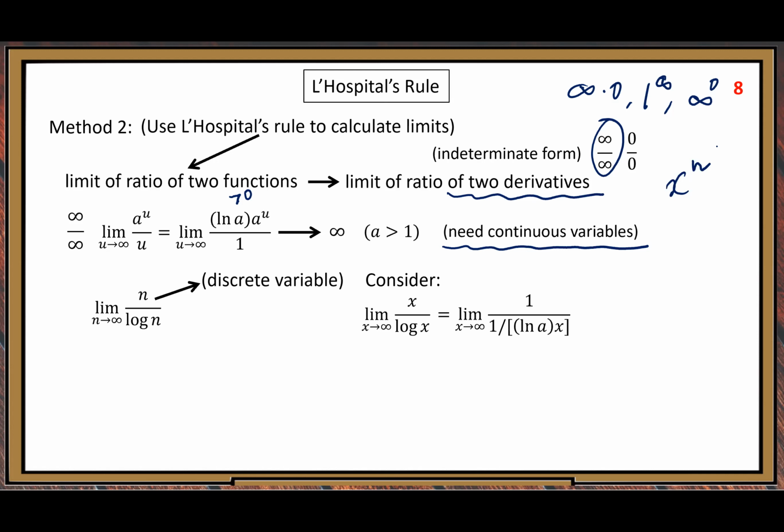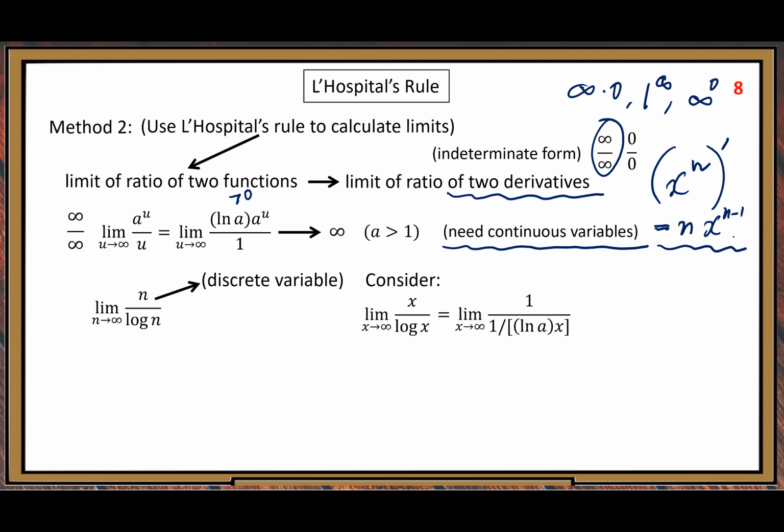The derivative of the power function, where the prime means derivative, is n times x to the n minus 1. This is the derivative formula for the power function, for any n. Here, n equals 1, so it is 1 times x to the 0, which is 1.